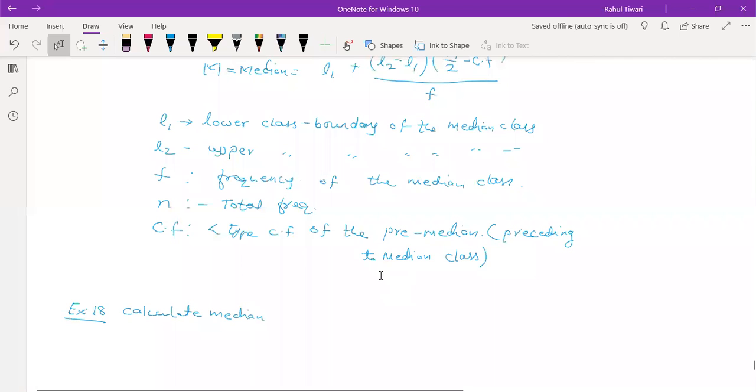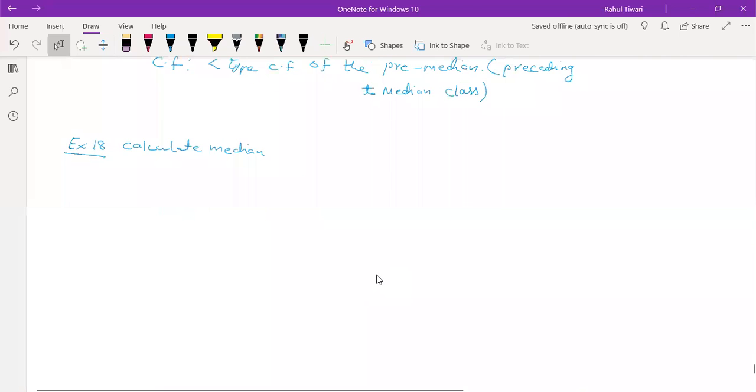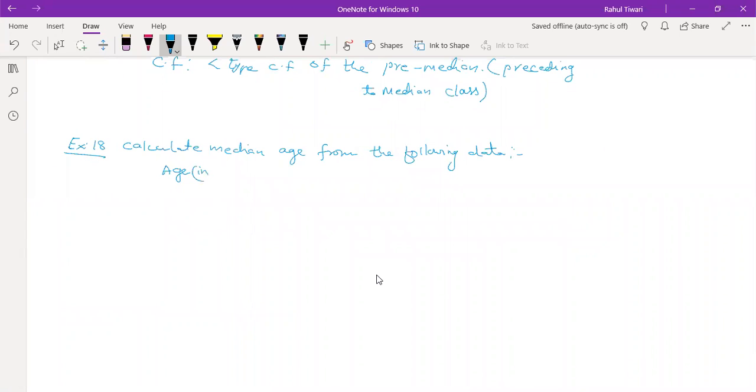Calculate the median age from the following data. I have age in years and frequency.